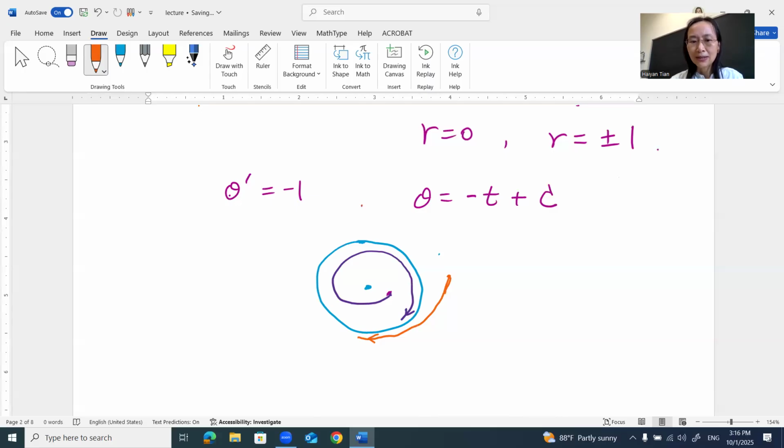Then we look at some other integral curves, and their reaction to the limit cycle is that from within and from outside of the limit cycle, they are all attracted to the limit cycle. Therefore, here we have a stable limit cycle.